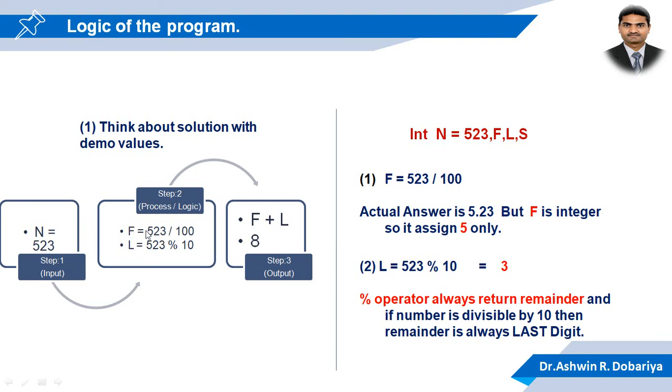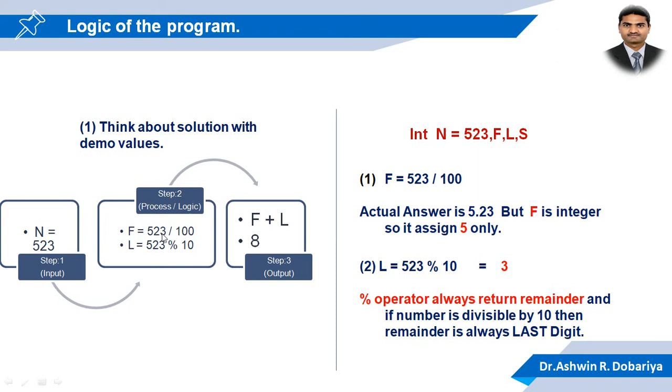Now if we want to separate the first digit out of 3 digits, we divide by 100. As per the mathematical rules, the output of this is 5.23. But here the division operation is performed on 2 integer values. One rule of programming that you have to remember, and I will also explain it practically in Turbo C, is that if you perform a division operation on 2 integers, then the output value is also an integer.